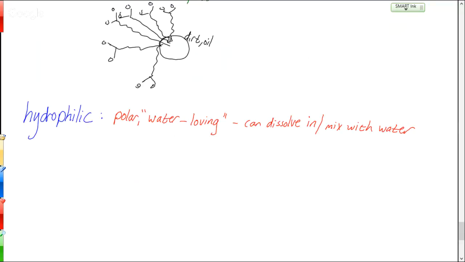So what do you think the opposite of that is? Now confusingly, there's another word that's used for the opposite of hydrophilic. Does anybody know what it is in biological systems usually? Another word for nonpolar stuff that doesn't mix with water.